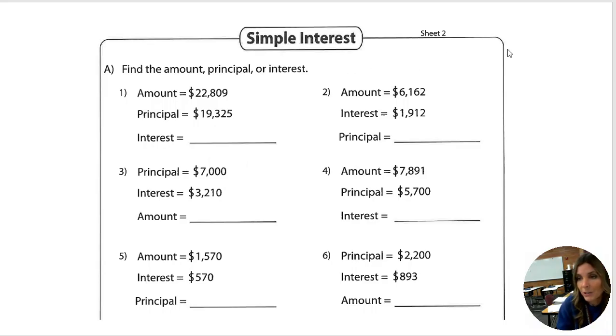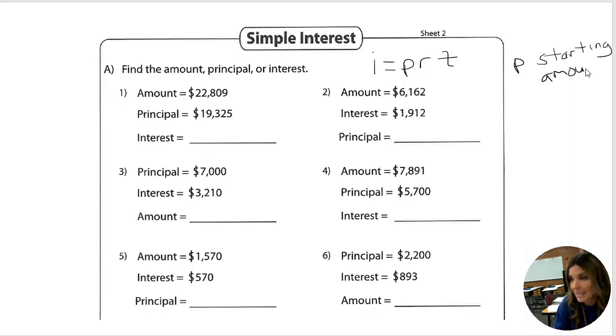So the simple interest formula, and this is something that you guys need to have memorized. It's interest equals principal times rate times time. And then remember, the principal is always the starting amount. So I want you to make sure that you have this written down on your notes page. The principal is always the beginning balance or the starting amount.